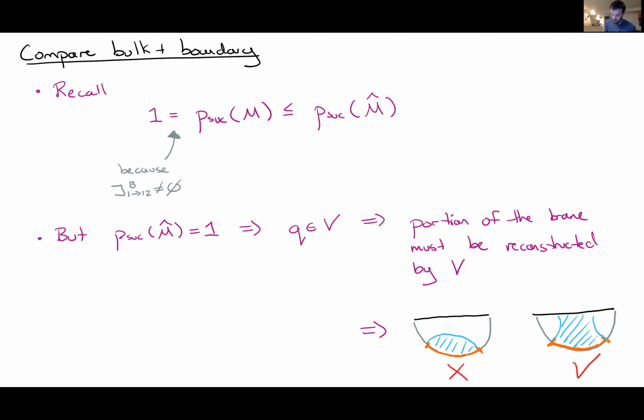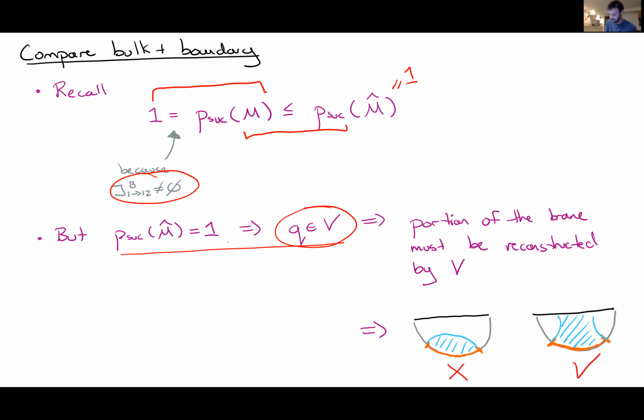Okay. And that's basically enough to get you the statement, because we just combine the various pieces I've given you together. So we say that, okay, in the bulk, the probability is 1 when this region's not empty. The bulk probability lower bounds the boundary probability. So now this is 1, but then we said that being 1 implies that Q is inside of V, right?